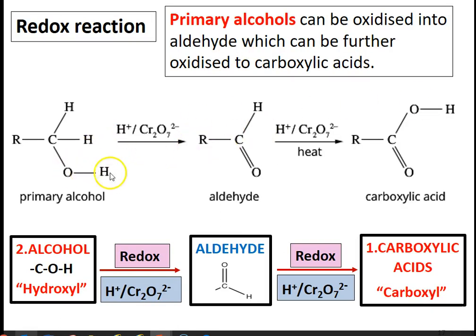So if we've got a primary alcohol, it's on the end, then it will be oxidized with this oxidizing agent and turned into the aldehyde. So it's lost a hydrogen, become more oxidized, and then over here, more oxygen is being added, so it becomes even more oxidized. So you can see that you're using exactly the same reactants.